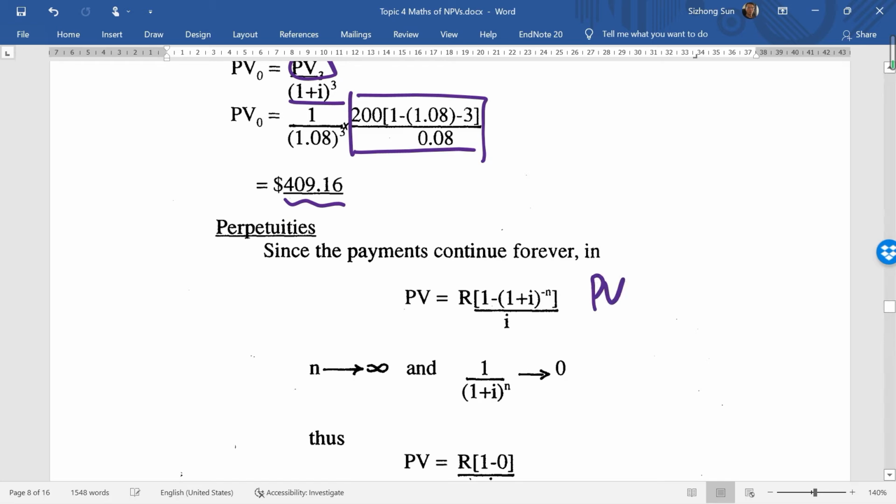Present value is the per period payment times the annuity factor.